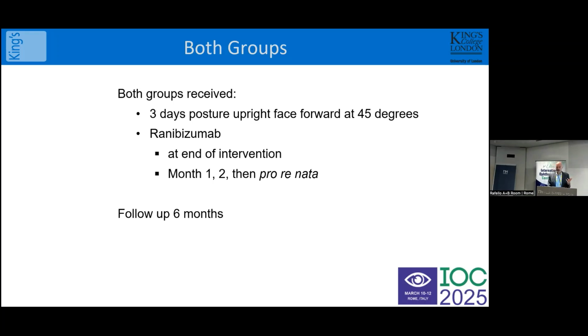Coming back to the trial, both groups had 3 days of posture, upright, face forward at 45 degrees. They all had ranibizumab at the end of the intervention, and then a loading dose of 3 doses, and then as required thereafter, with follow-up out to 6 months.